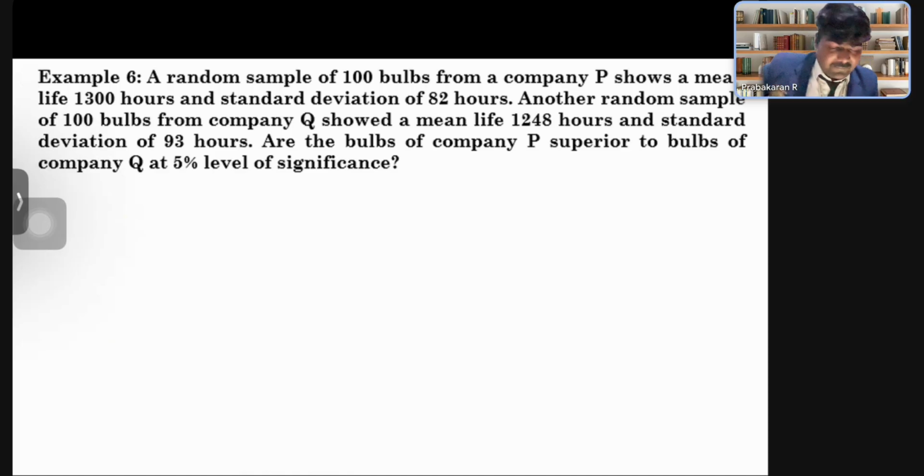A random sample of 100 bulbs from a company P shows a mean life of 1300 hours and standard deviation of 82 hours.